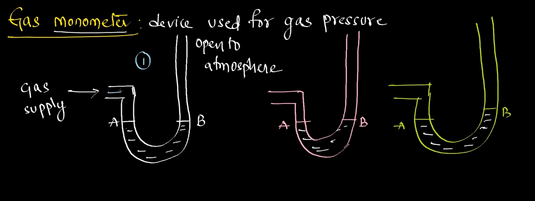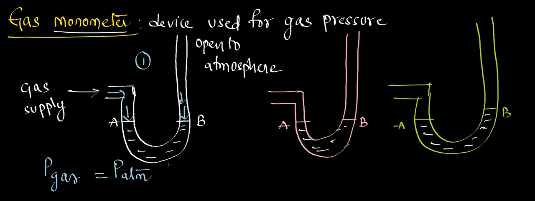Left side pressure, right side pressure, both are equal. That's why the liquid is stable. So in this case, pressure exerted by the gas is equal to atmospheric pressure outside.